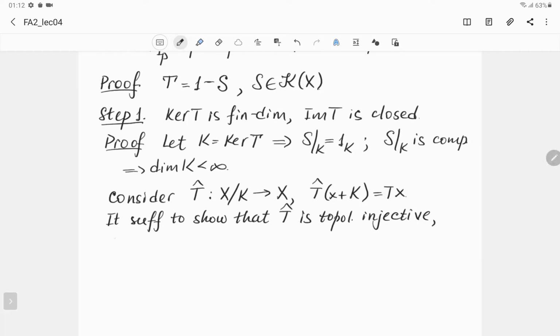Topologically injective means that there is a positive constant C such that T hat is bounded below by C, in the sense that for each element u in the quotient, we have the following inequality.